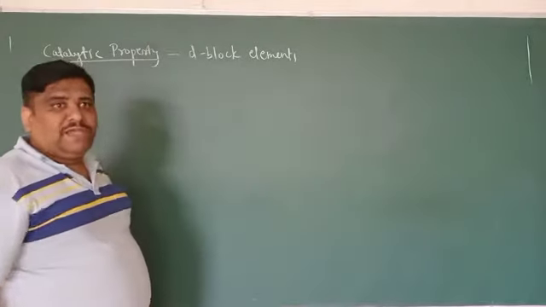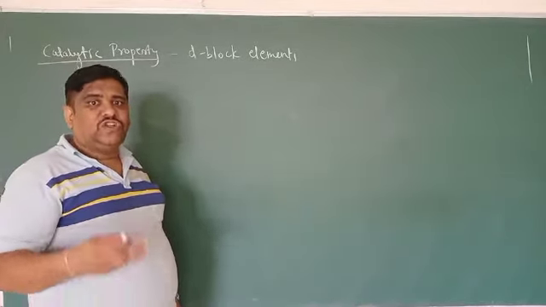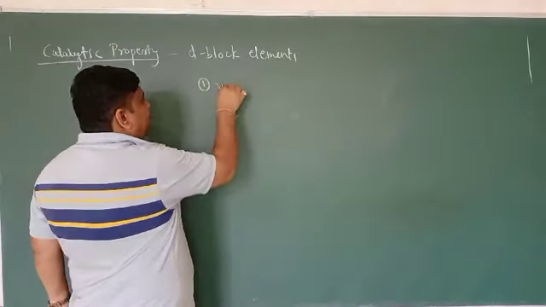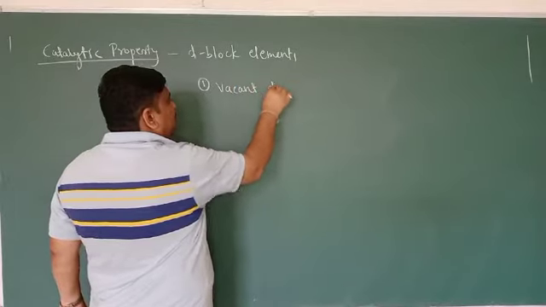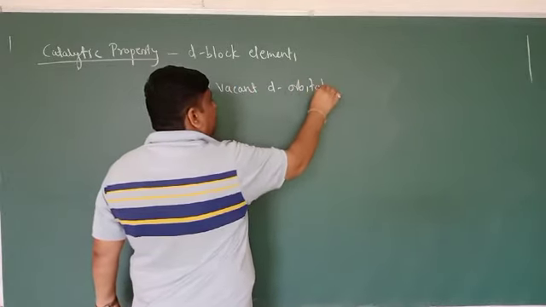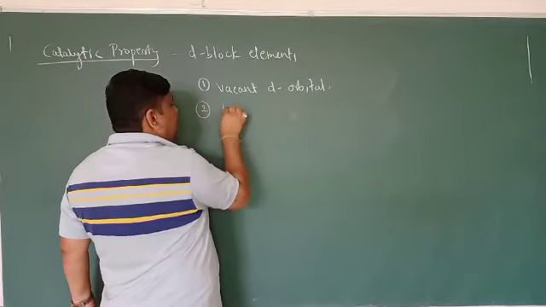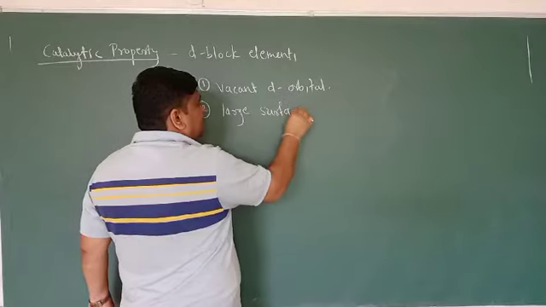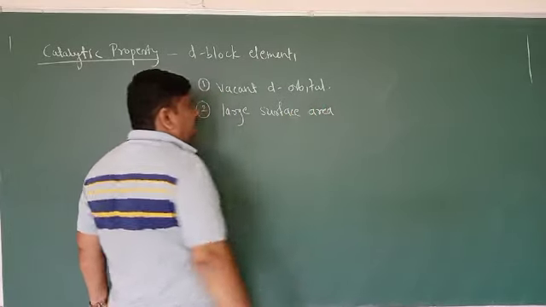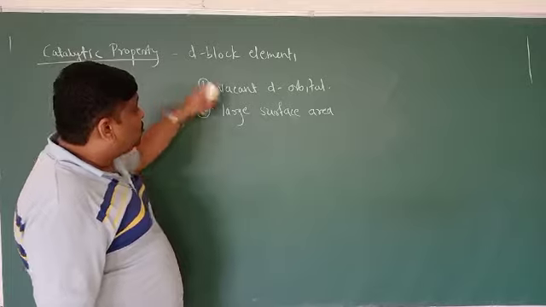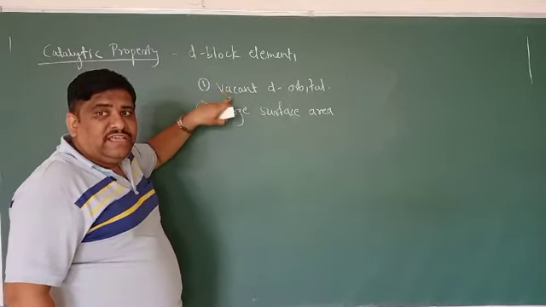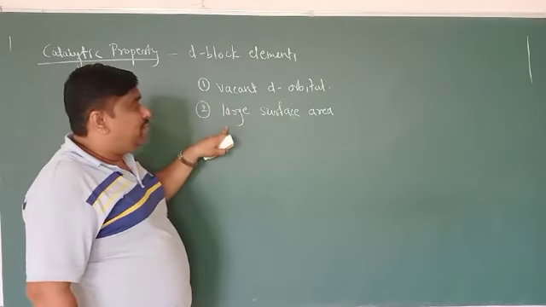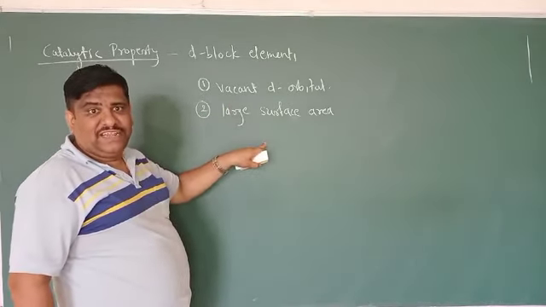Most of the D block elements exhibit catalytic property because of vacant d orbitals. Second, they provide a large surface area. Because of these two reasons, D block elements possess vacant d orbitals and give a large surface area.